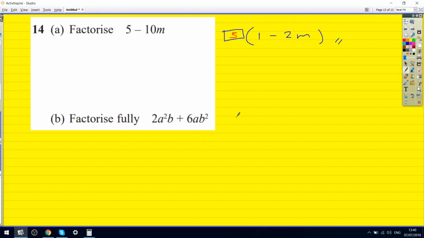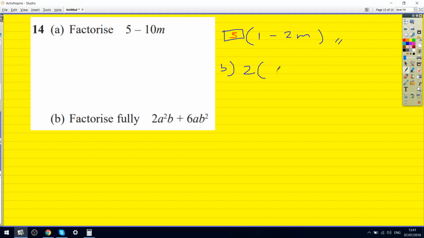Factorize fully. 2a squared b plus 6ab squared. So they both go into 2.